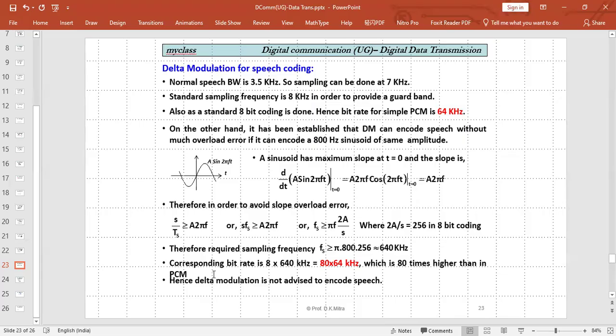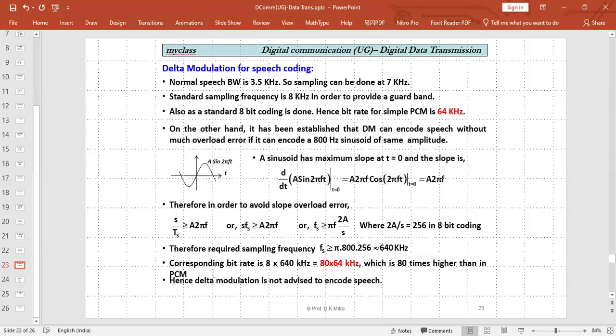That means for the same speech, if I could use standard pulse code modulation, the basic system, and instead of that, if I try to use delta modulation, I need 80 times higher sampling rate. 80 times higher sampling rate is too much. Electronics will be very costly.